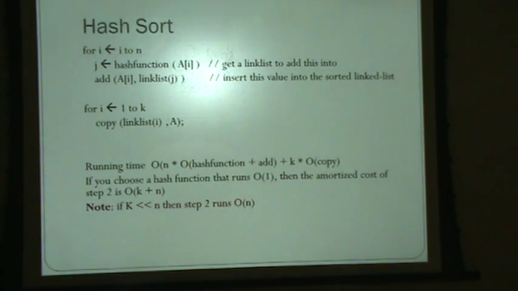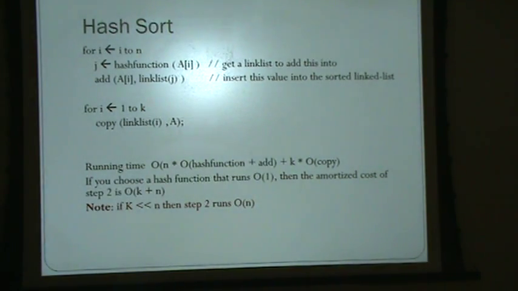So the running time of a hash sort, where we first load everything into a hash, takes n times the running time of your hash function. So hopefully we have a hash function that has constant time. That puts everything into the hash, then you have to go through all k lists and print them back into the original array. So the running time of this would end up being k plus n, which is worse than n.